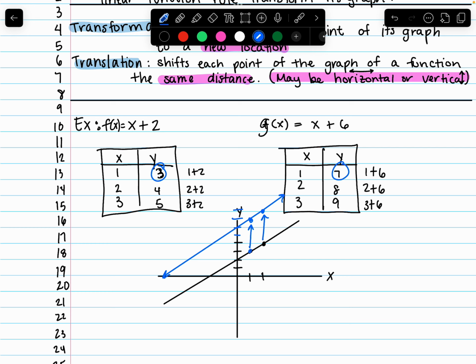Well, let's see. From here to here, how far is that? 1, 2, 3, 4. We shifted everything 4 times. So we translated up 4 times, sorry. Okay. Sometimes it'll be vertical, and that's what I'm going to show you right now.